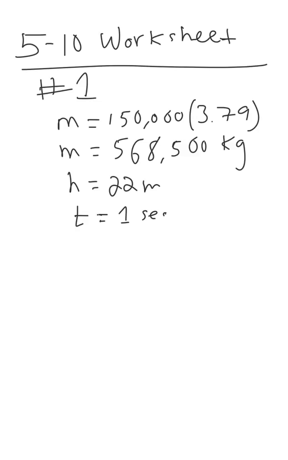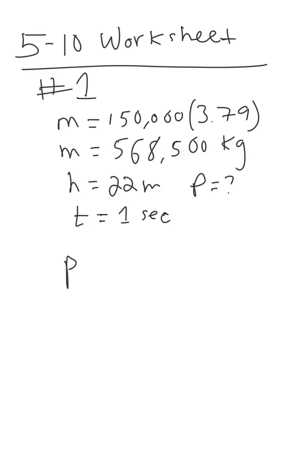And we are solving for power. Power equals question mark. Now, since it's falling a height, that means that what kind of energy is being used? All right. Potential energy. All right.